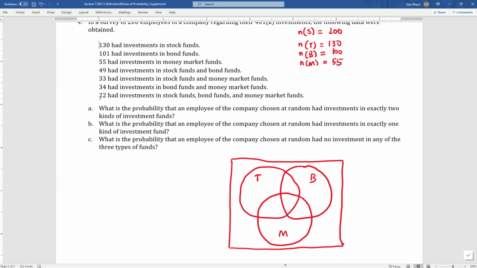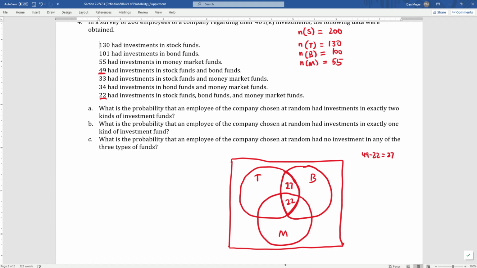Starting in the middle, 22 had all 3. For the stocks and bonds football, let's see, there were 49 that had stocks and bonds. We've already got 22. If I do 49 minus 22, that leaves 27.